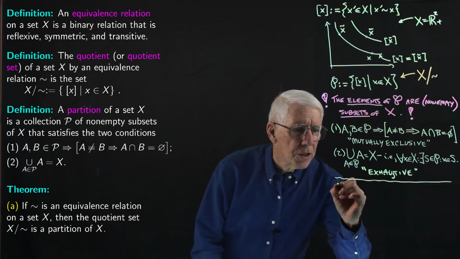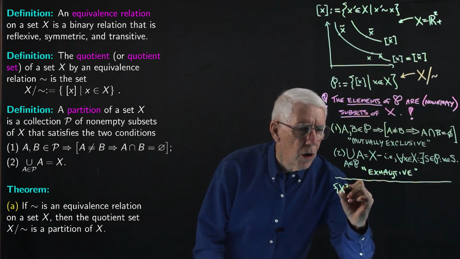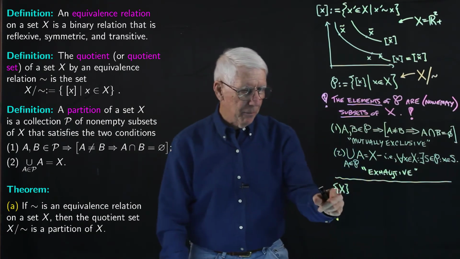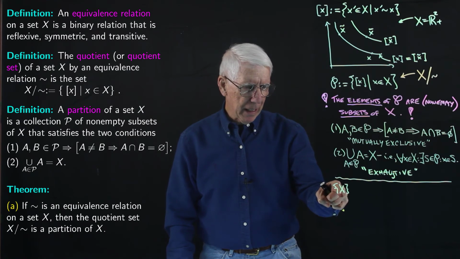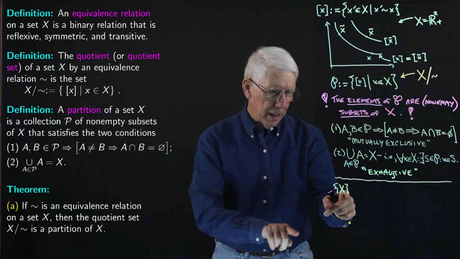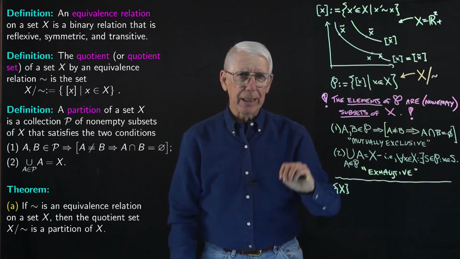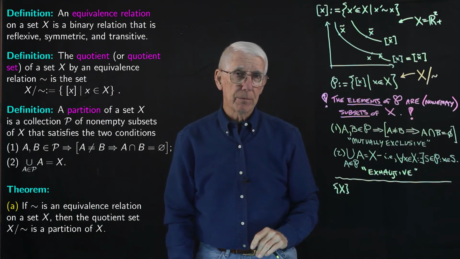Let's first take a set that consists of only one element. That element is the whole underlying set capital X. So we've got a set with one element, and the element is the set capital X. Is that a partition of the set capital X?